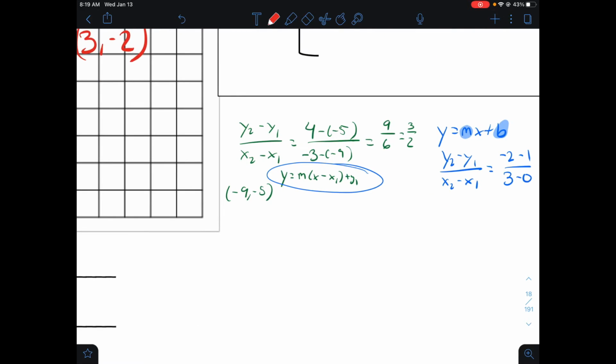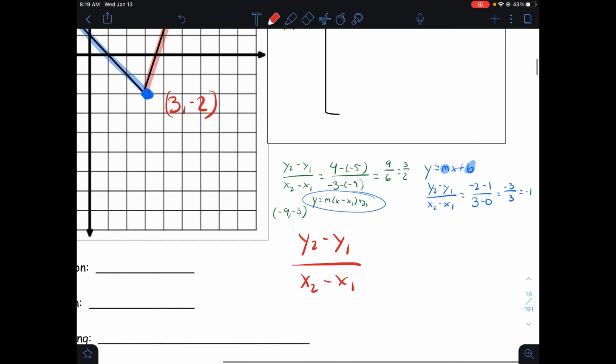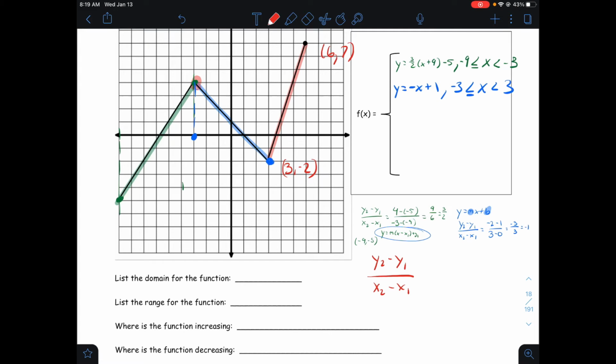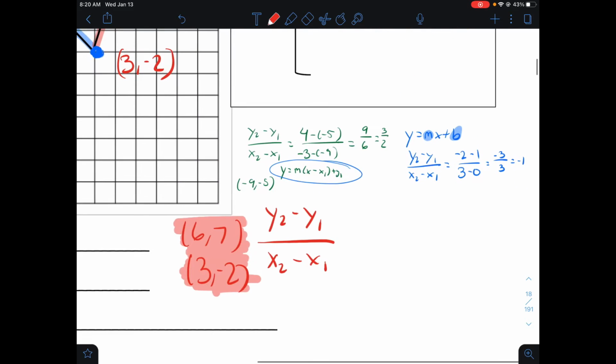You're going to use the equation y2 minus y1 all over x2 minus x1. And you're going to use these 2 points, 6, 7, and 3, negative 2. So when you calculate the slope, you could label these x1, y1, x2, y2.